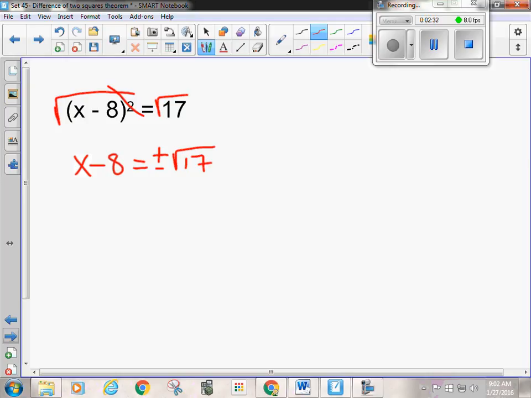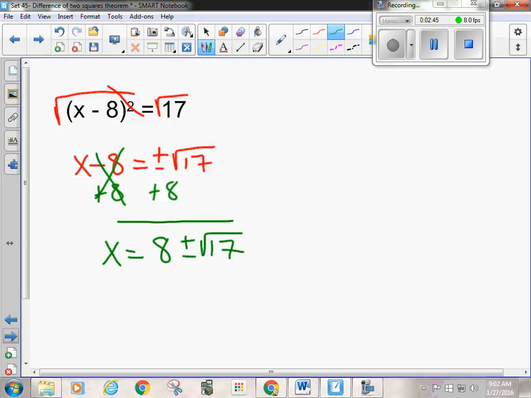Now I want to get x by itself, so I'm going to add 8 to both sides. So I get x equals 8 plus or minus the square root of 17. And we're going to leave our answer right like that. We don't have to go any further, so that's really nice about this type of problem.